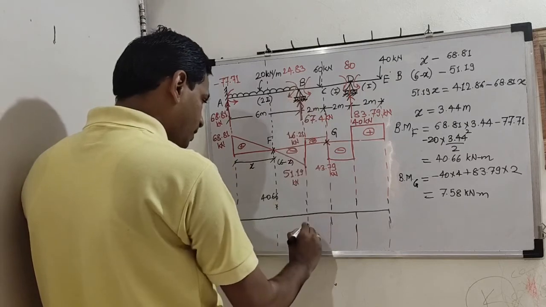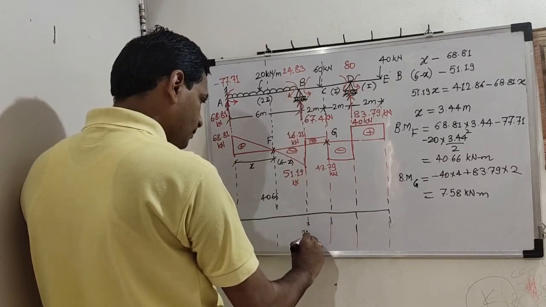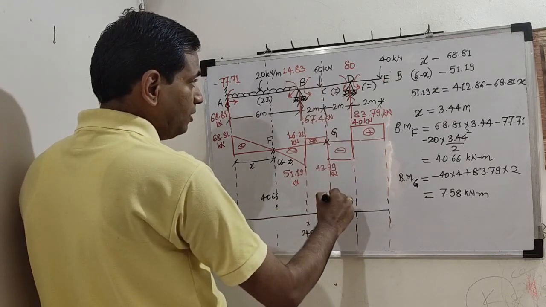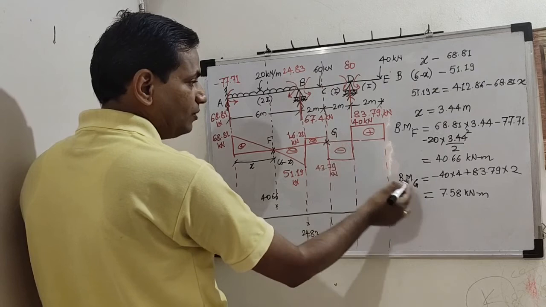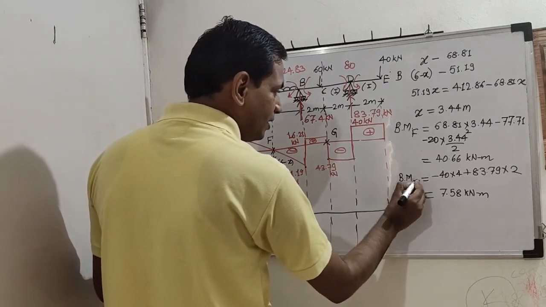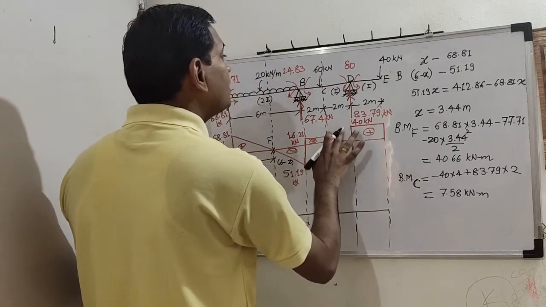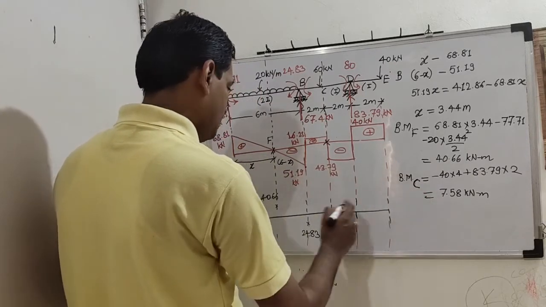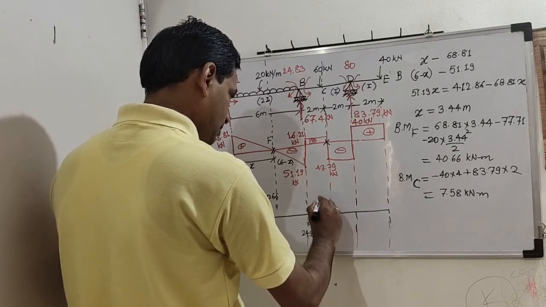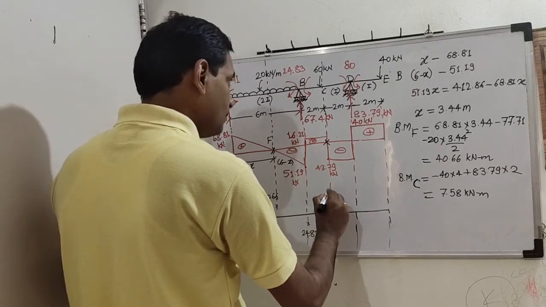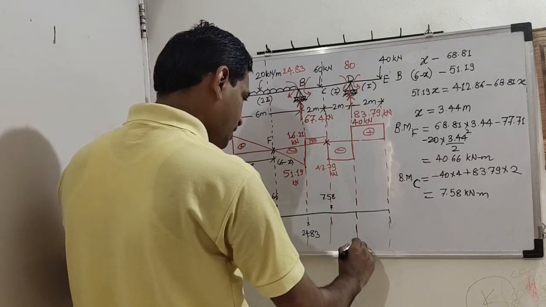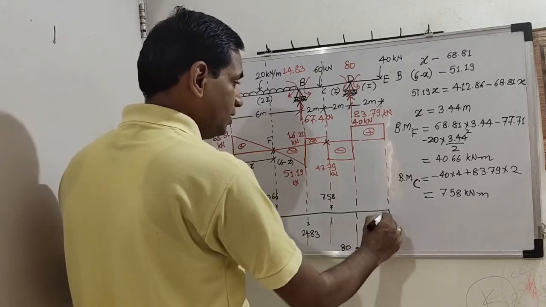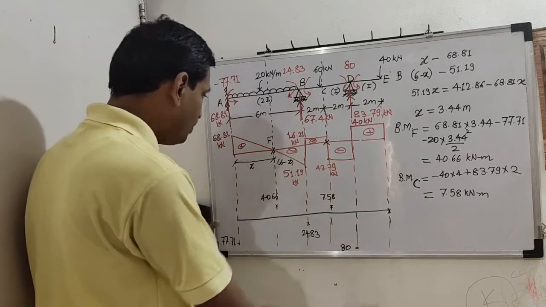Bending moment at B 24.83. Bending moment at C. Okay, so this is not G but C. Okay, we need not give this any new number. So bending moment at C is 7.58. Bending moment at D minus 80. Okay, here it's 0.